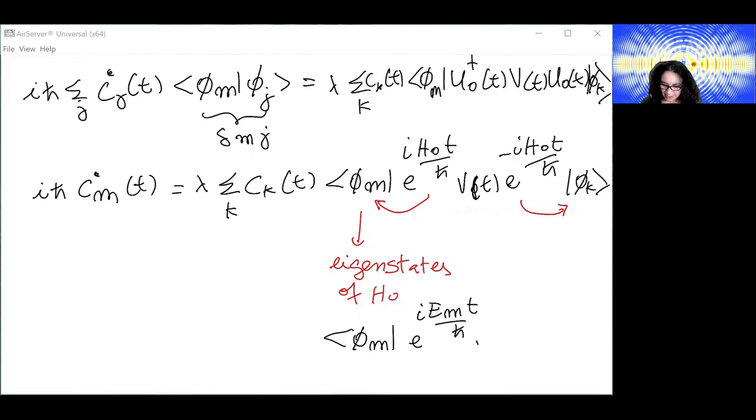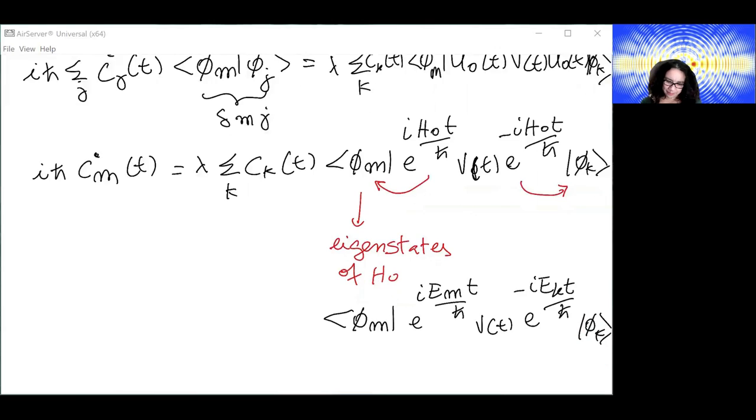So we keep this here, and when we apply to the right, we get e^{-iE_k t/h-bar} phi_k, whereby E_k is the eigenenergy associated with phi_k.